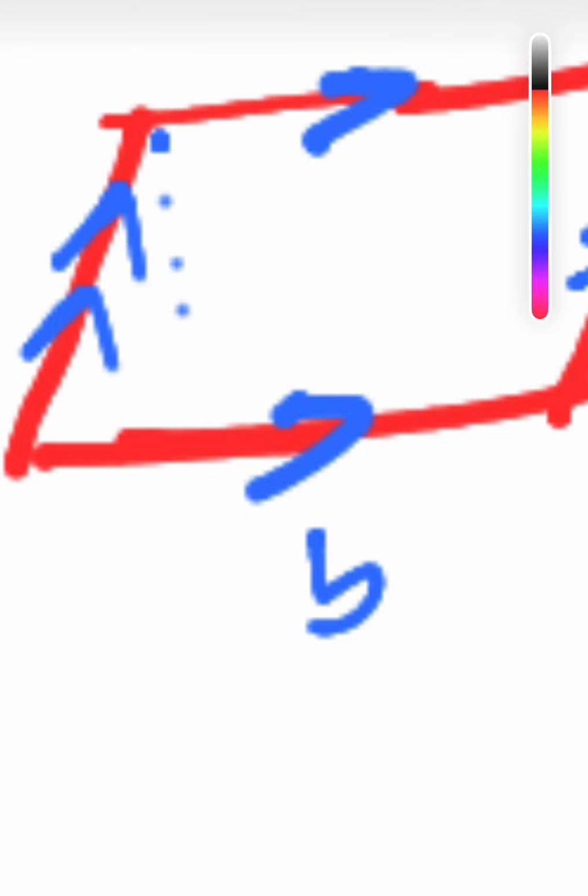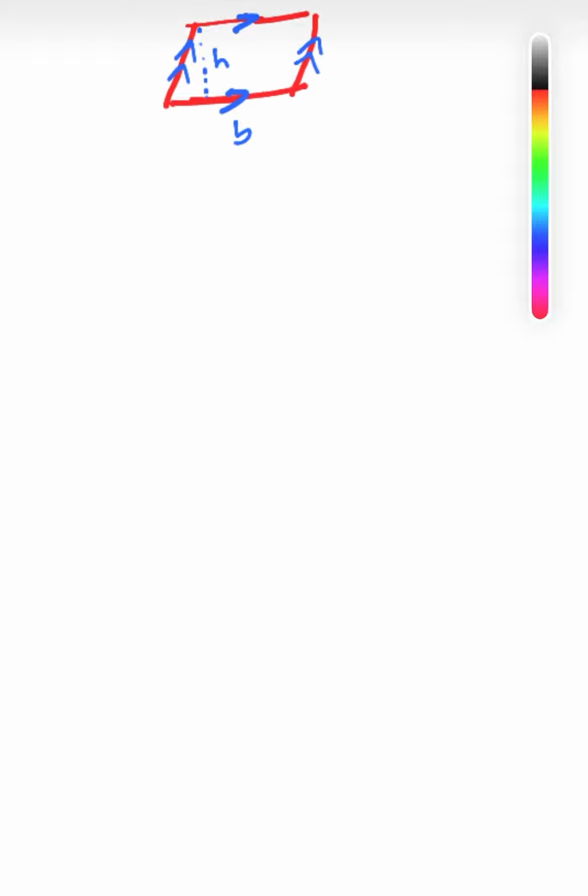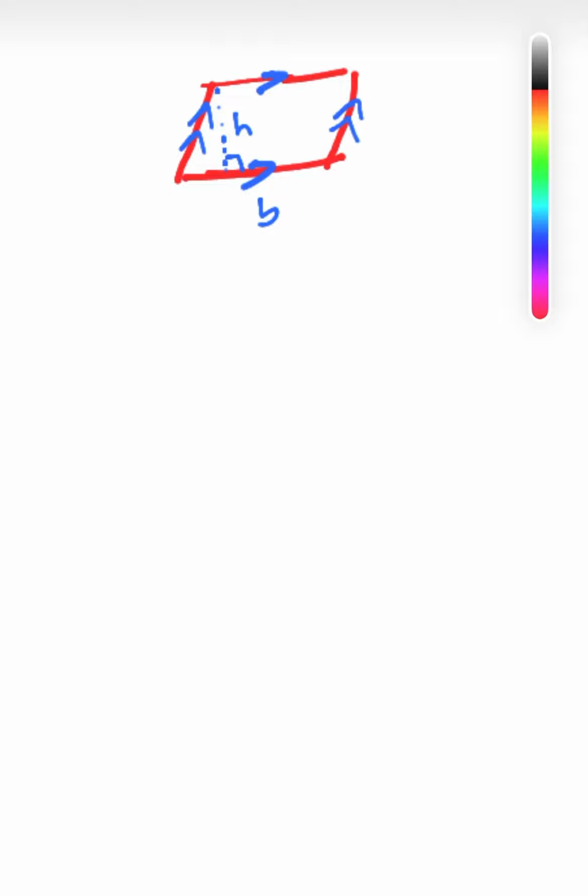So looking at the area of a parallelogram, I'll have this one as my base here, this one as my base, then I will have this one as my height, which is the perpendicular distance between the two parallel sides.